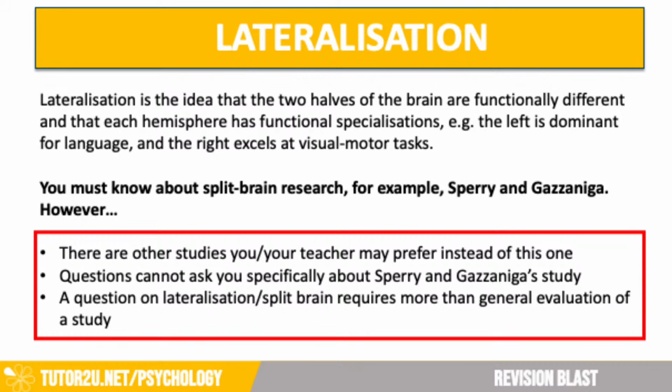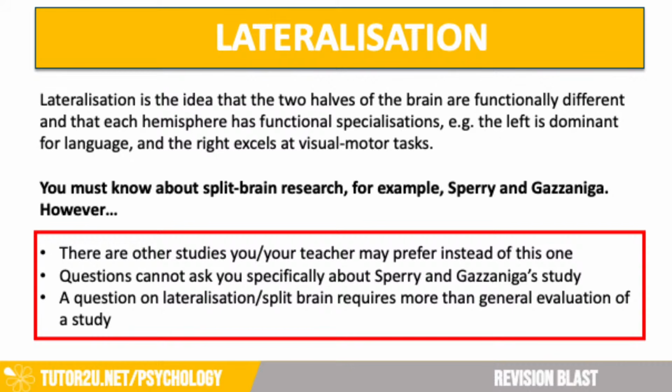For example, you might be familiar with Sperry's study and Gazzaniga's study, but your teacher may have taught different pieces of research. There has been a question recently on lateralization, and students tended to focus on a particular study, but the question can't ask you about Sperry's study, for example, because that name is not directly listed in the specification, although your teachers may commonly choose to use that.